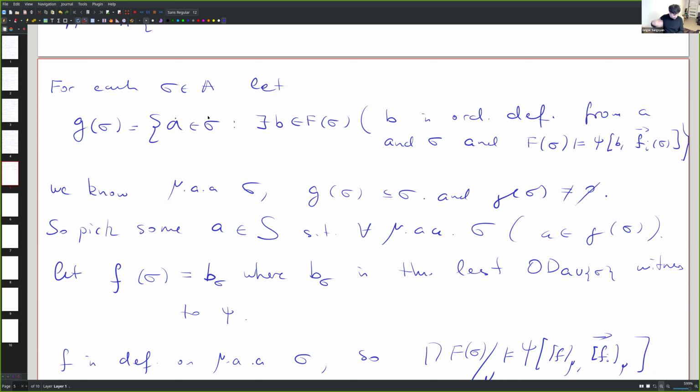Remember, NS is dense. Let me just backtrack to why this is relevant. There is an omega-1 dense ideal on omega-1, and if you have such a thing, then the generic embedding comes from collapsing omega-1 to omega, right?